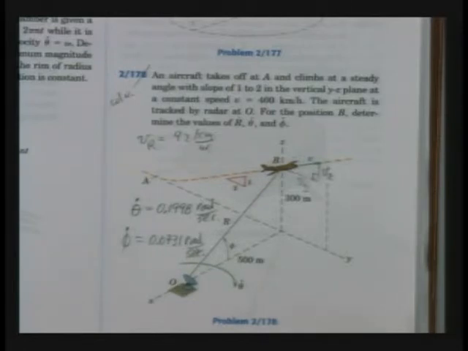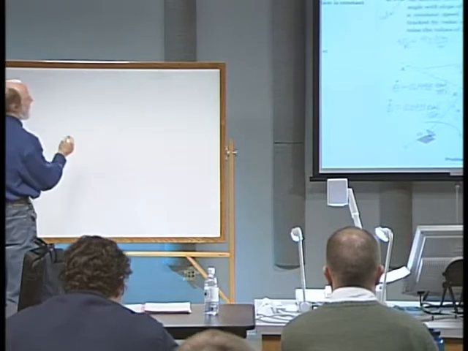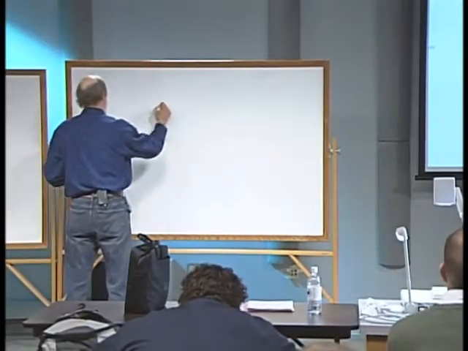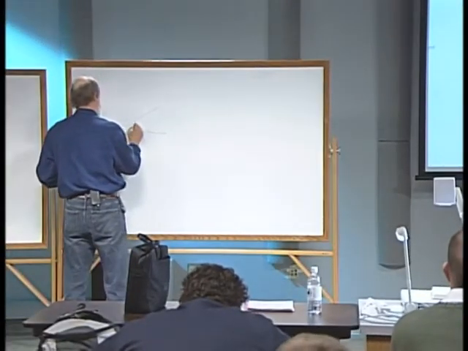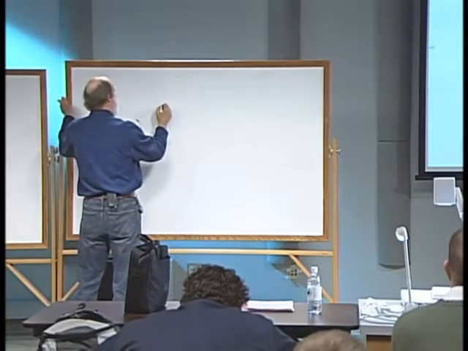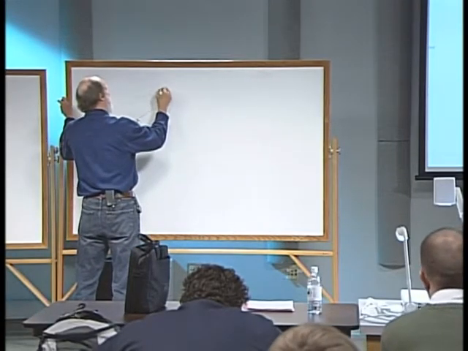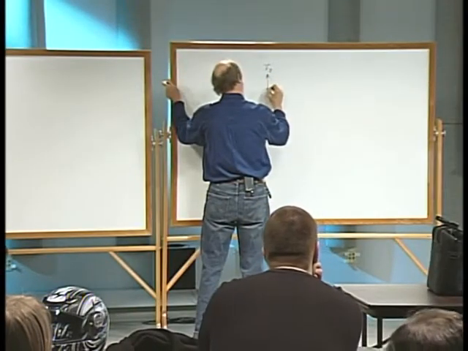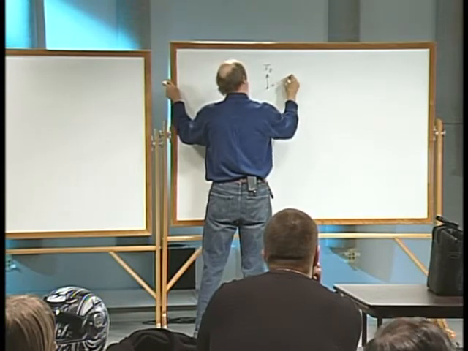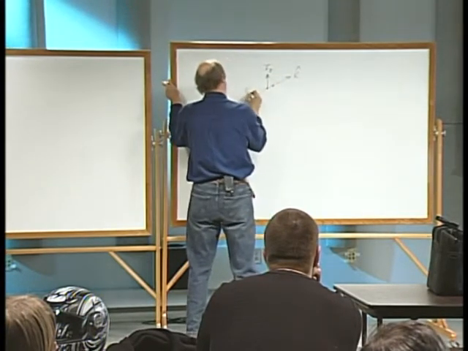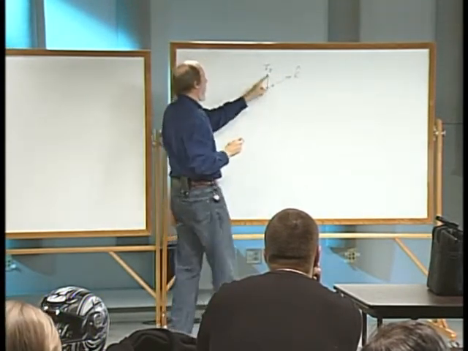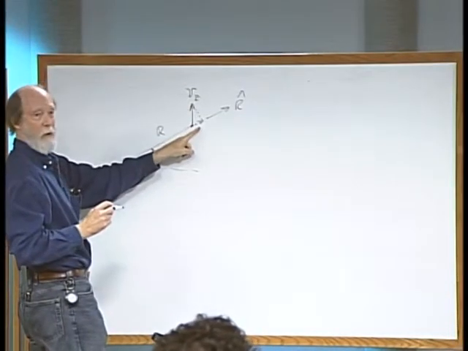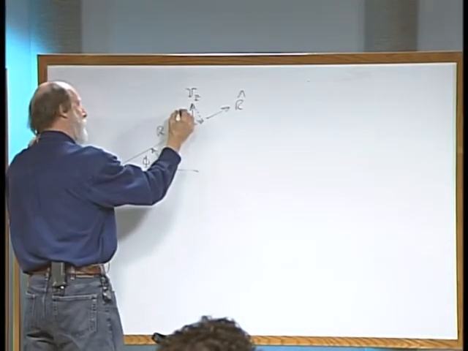Let me see if I can draw this on the board for you. If we look in sideways where we see phi here, we have a Vz component here. This is your capital R hat vector. So you've got to decompose Vz into this component, and the other component is pointing this way.